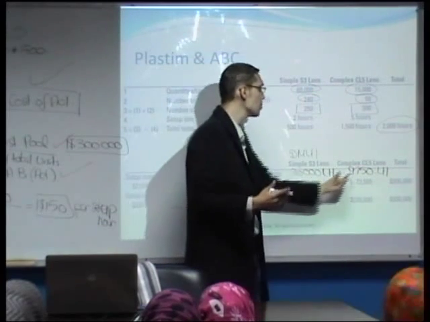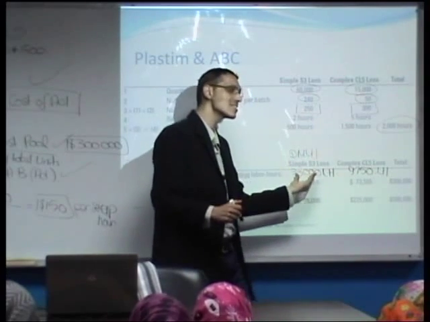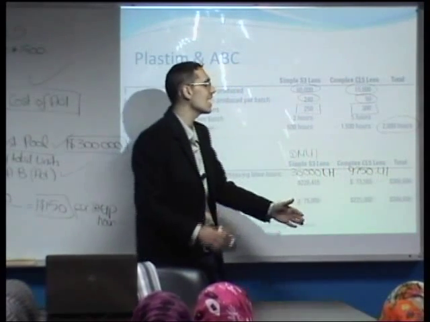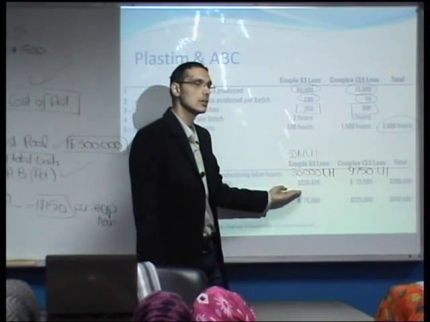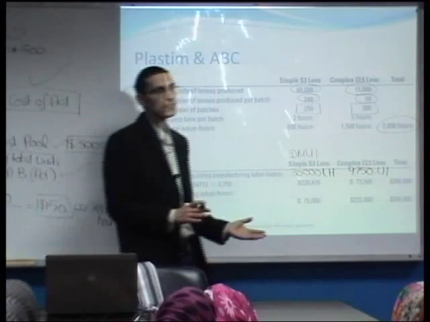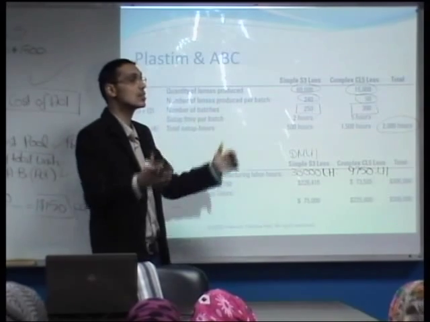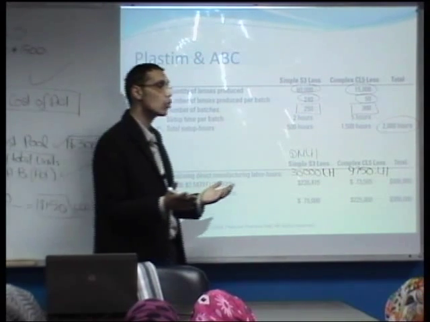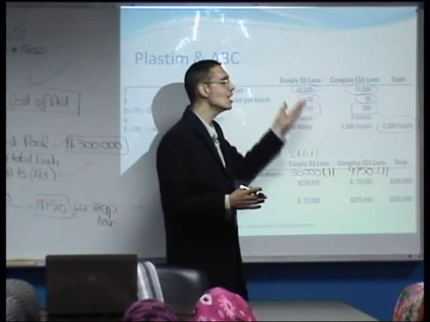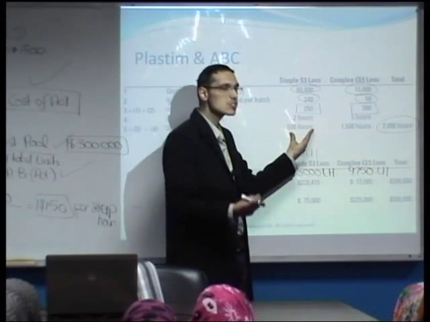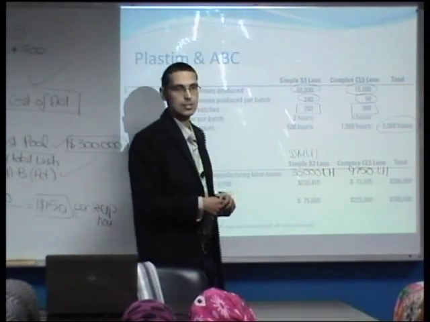Therefore, if I'm using the labor hours, I would allocate more costs onto the simple lens than the complex lens, which is exactly what happened in the simple costing system, as we can see here. But now, after refining our costing system, after using the ABC, activity-based costing, we found out quite the opposite, that the S3 uses up less resources than the CL5 in the setting up process.